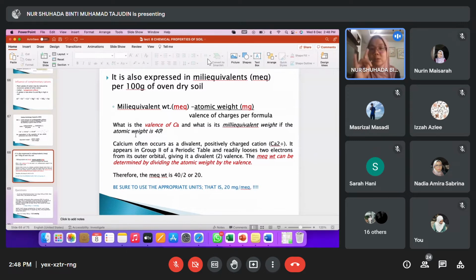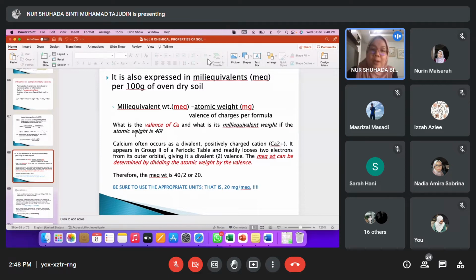Calcium, magnesium, potassium you have to hafal. Calcium 40, you have to remember calcium 40, potassium 39, magnesium berapa? Magnesium 24, kalau tak silap saya. By time you will, but please remember.